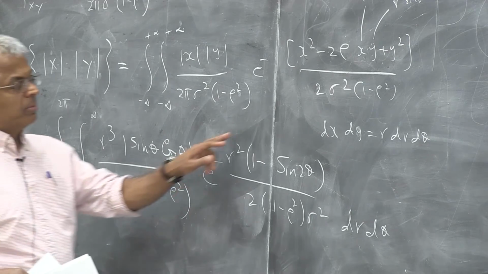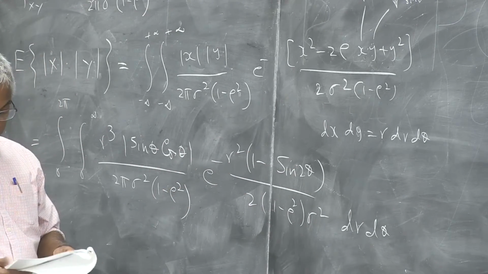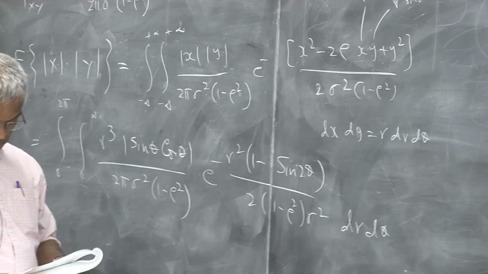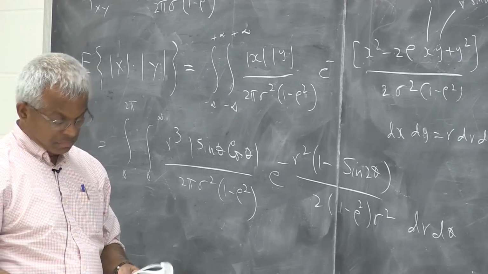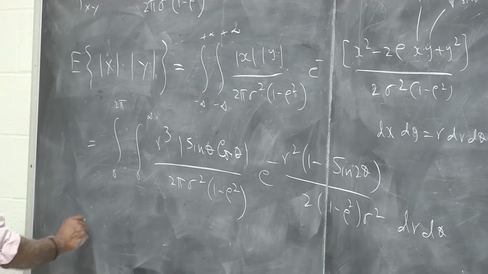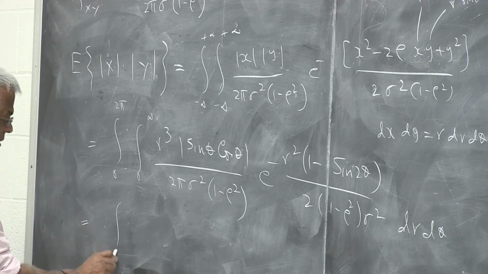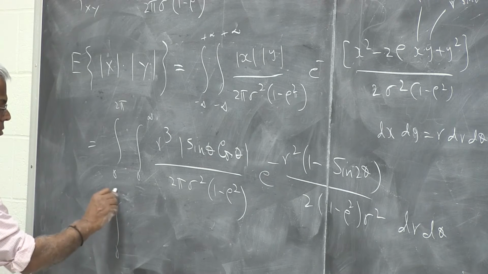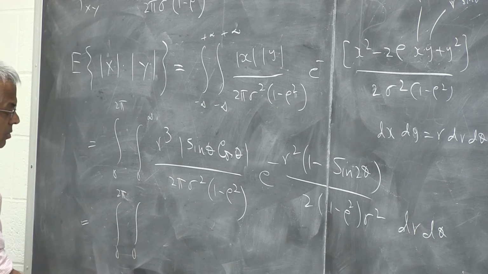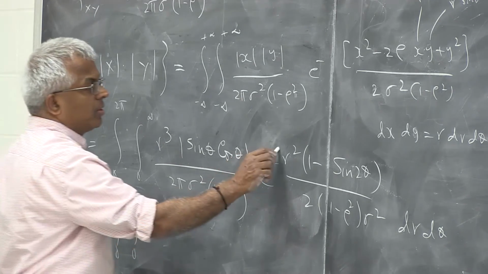So now you simply substitute this whole thing equal to u. So that this integral now becomes integral 0 to 2 pi, 0 to, so this whole quantity is u.